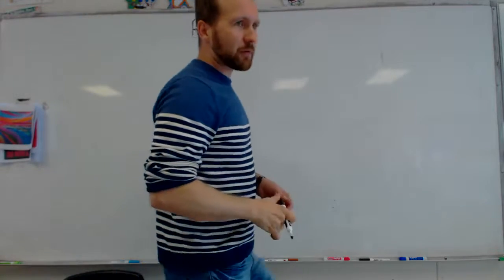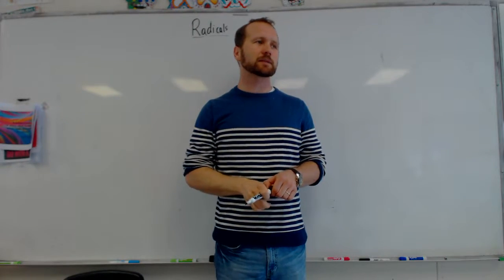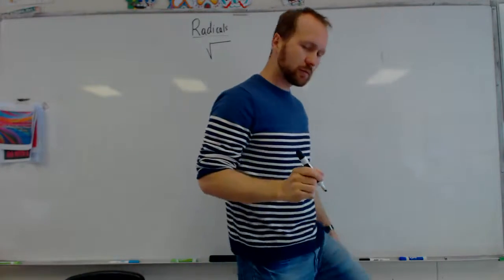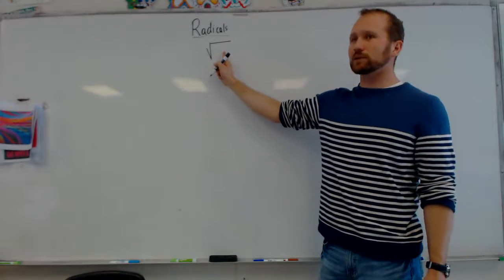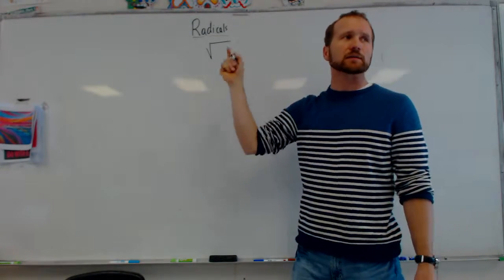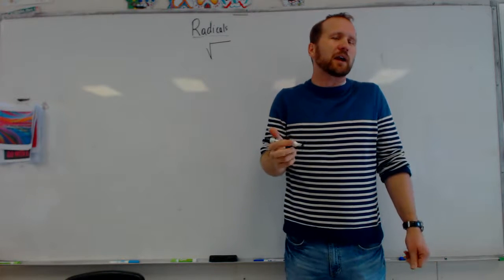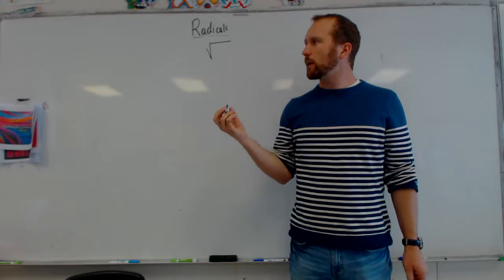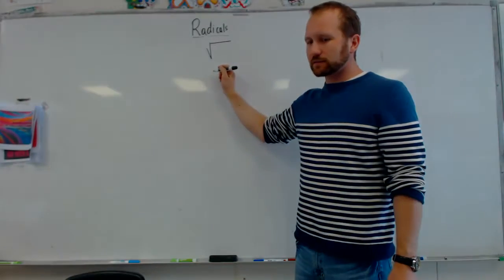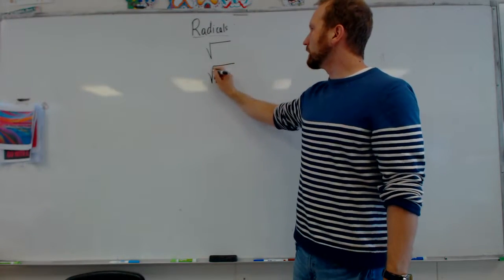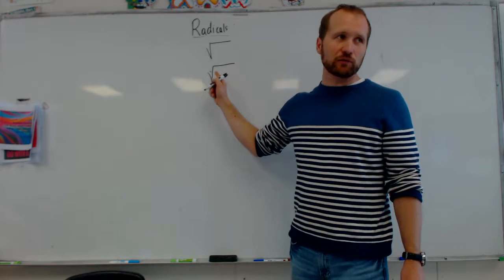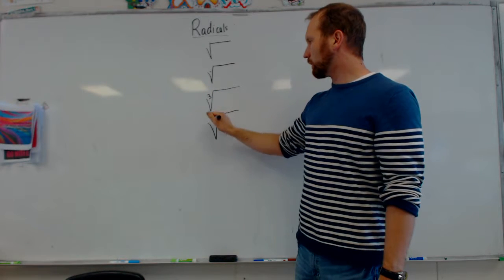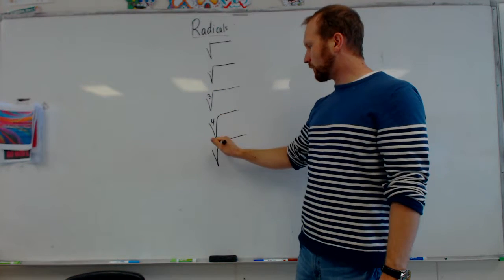So radicals is the name of our new unit, not Malcolm X, but this guy right here. What is another name that you know for this? Square root. A square root. Now, the reason we call them radicals, we're actually, I think, only going to be doing square roots. But there is such a thing as not only a square root, which you could write like that, but you can have a cubed root, or a fourth root, or a fifth root.